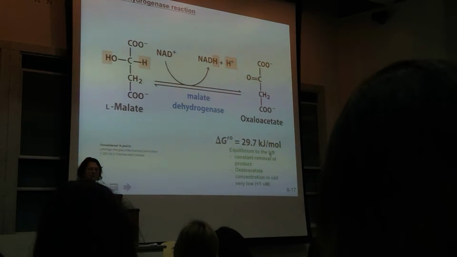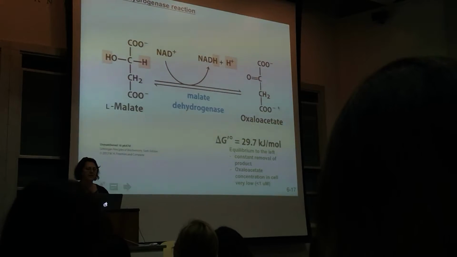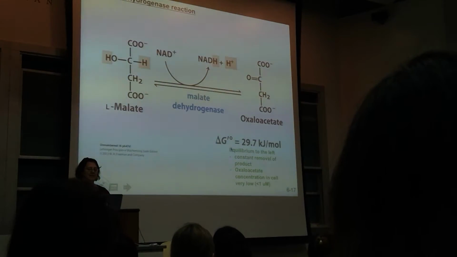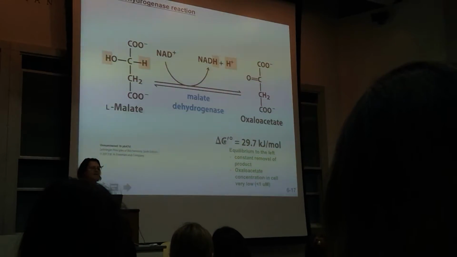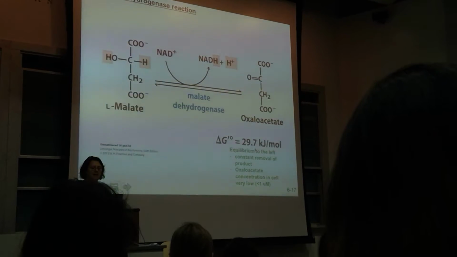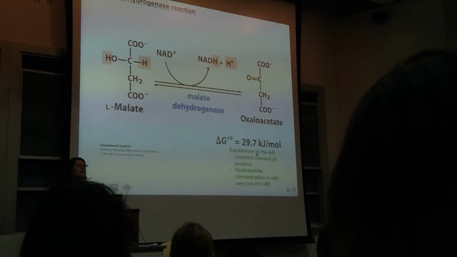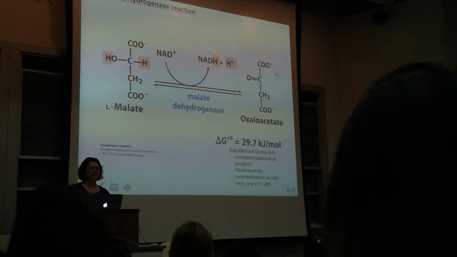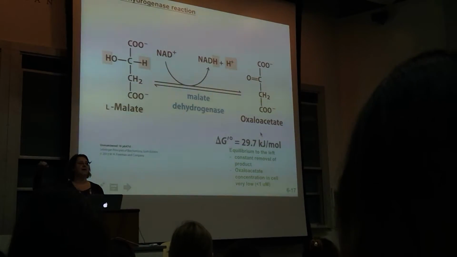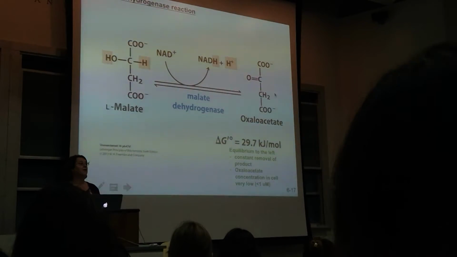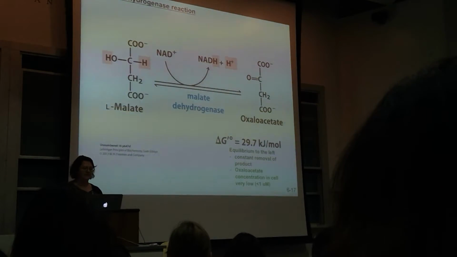And this is actually going very, this would look like it would not happen, right? What we're looking at here is the standard equilibrium at 1 molar concentration. But what happens in this case, and this will go to the regulation that we're going to talk about in a couple minutes, is that oxaloacetate is the start of the next round of the cycle, and it ends up that this is highly controlled, so there's very little of it in the cell.